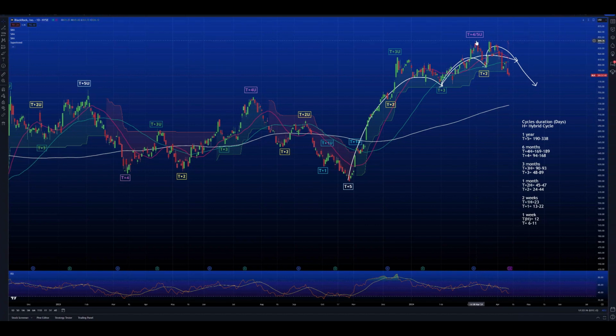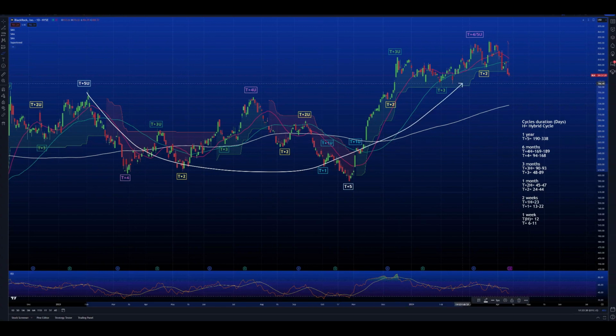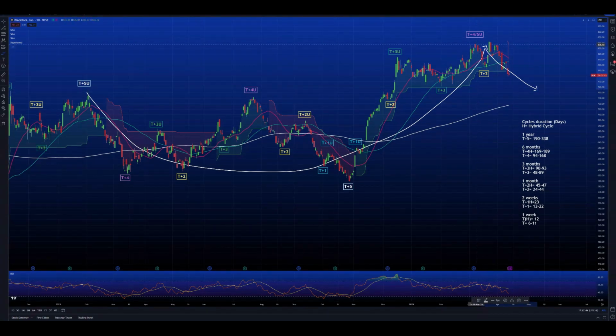But also from this top, we have to ask ourselves which kind of upward cycle has started. Because after the closing of a T plus 5, we might have either a Bayes tongue or a beginning of a new T plus 5. And the beginning of a new T plus 5 encompasses the fact that we cannot go back to the stop for at least 3 months.